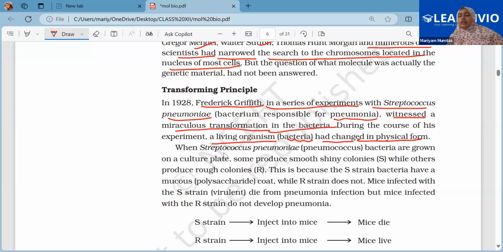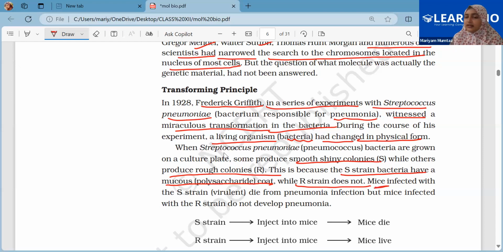When Streptococcus pneumoniae was grown on a culture plate, it produced smooth, shiny colonies, while others produced rough colonies. This is because the S strain bacteria have a mucus polysaccharide coat, while the R strain do not. The S strain were the ones that actually caused the disease, and that is why they produce the smooth and shiny colonies. The R strain did not cause any disease.